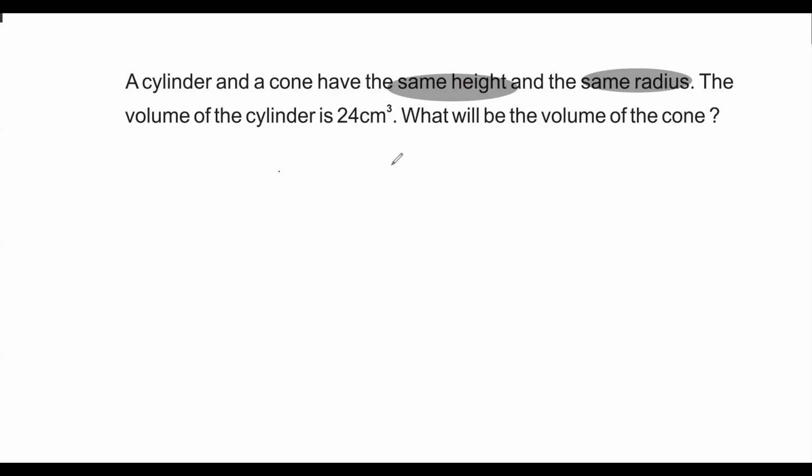In this question, we are given a cylinder and a cone that have the same height and same radius. Further, the volume of the cylinder is also given, but we have to find the volume of the cone. So the formula for the volume of a cone is 1 over 3 pi r square h.